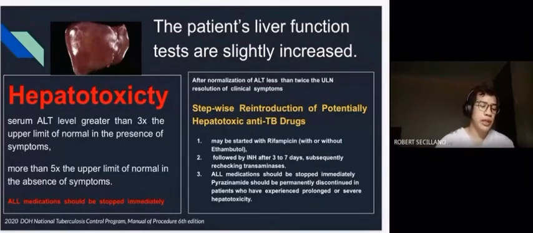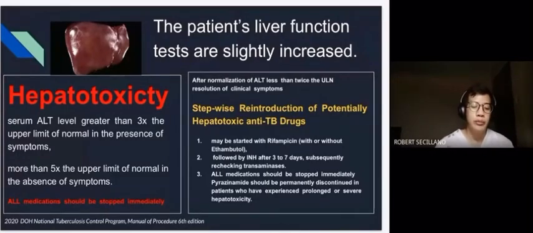If any patient develops hepatotoxicity, all medication should be stopped immediately because this is a major drug reaction from TB drugs. After normalization of ALT to less than twice the upper limit of normal and resolution of clinical symptoms, we can stepwise reintroduce the potentially hepatotoxic anti-TB drugs, like what I discussed earlier.